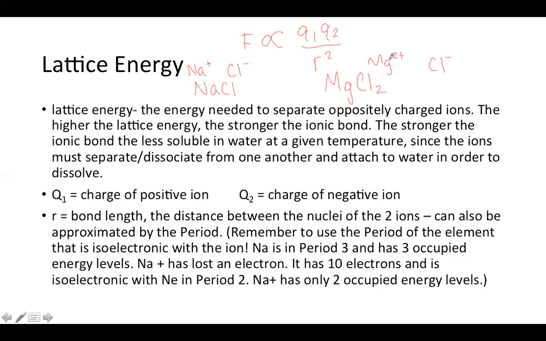So instead, what we're going to look at in this case is the charge of each of those. Sodium would be a +1 attracted to a -1, whereas magnesium would be a +2 attracted to a -1. So the attractive forces in magnesium chloride are going to be greater. This means that magnesium chloride would have a greater lattice energy than sodium chloride.